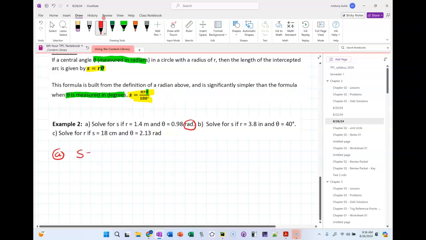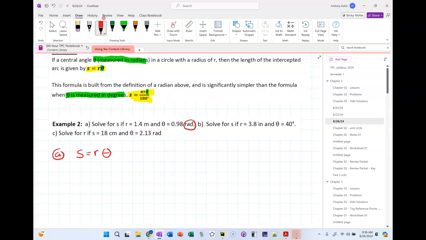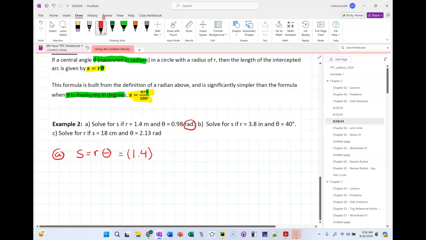Since that theta's in radians, I use the radian version of my arc length formula. Now I just plug in the value for R and theta and type that into my calculator.